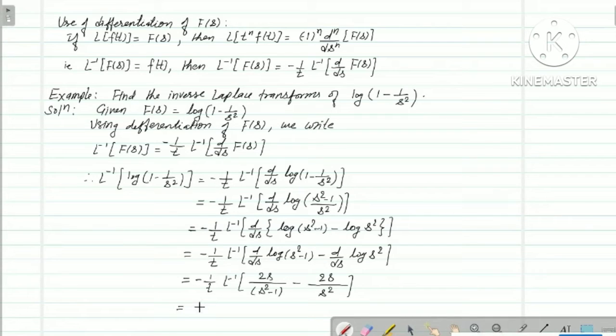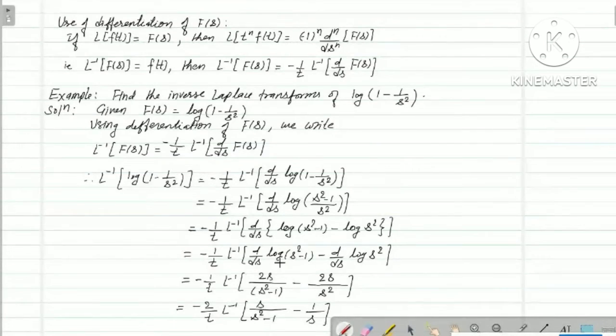So taking 2 outside, this becomes negative of 2 by t L inverse of s divided by s square minus 1, and minus, the s will cancel, so this becomes 1 upon s. Now close the bracket.